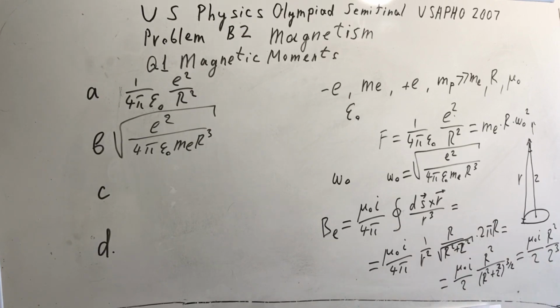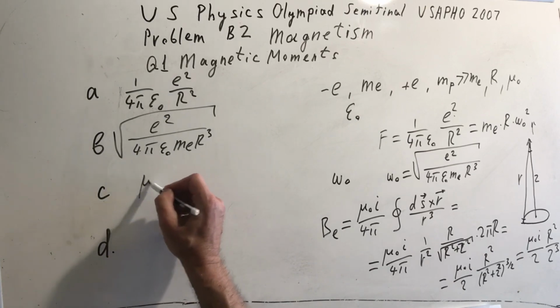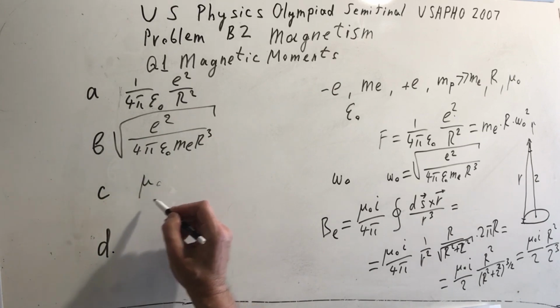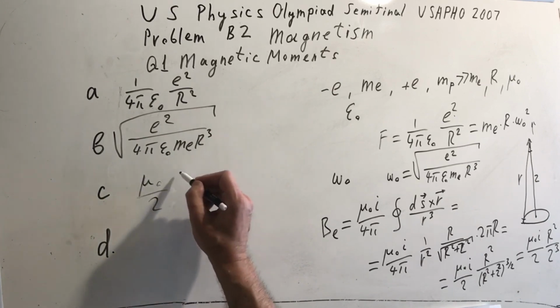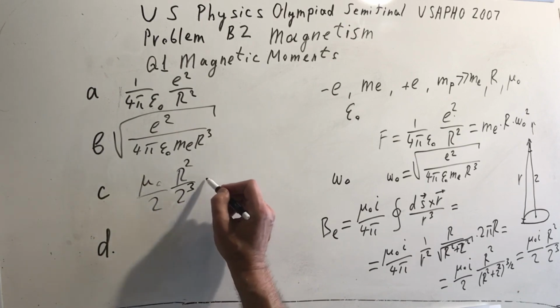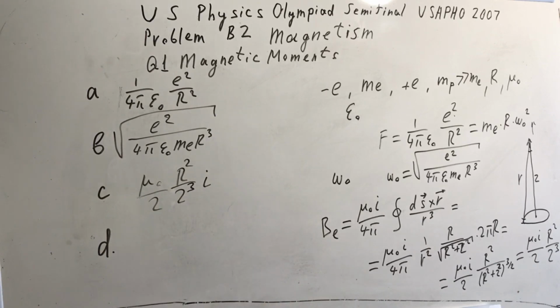So this is our answer for the magnetic field from one electron, mu0 over 2 multiplied by r square over z cube I, and I we just count as the charge of the electron divided by the period, which is omega 0 divided by 2 pi.